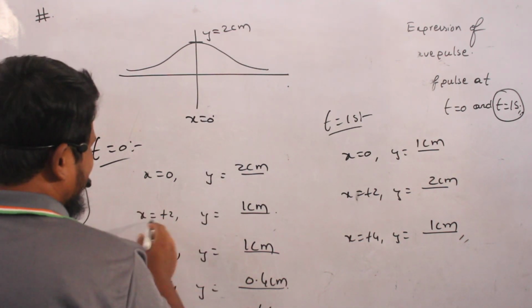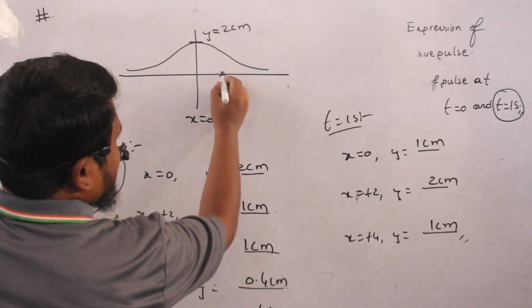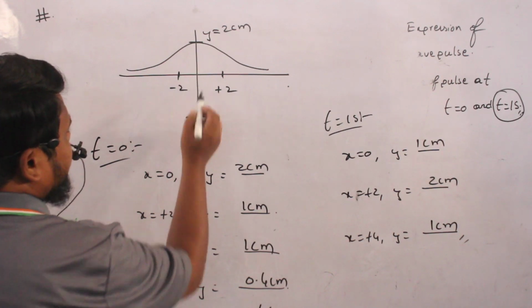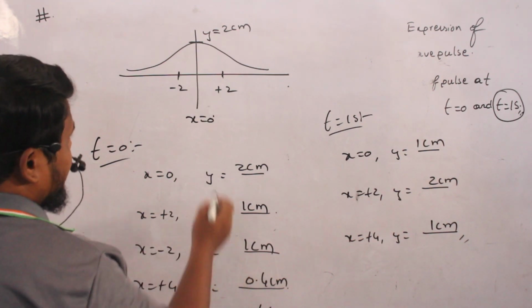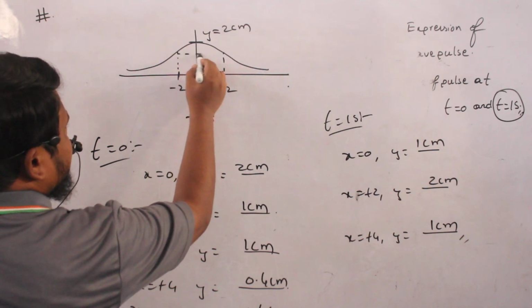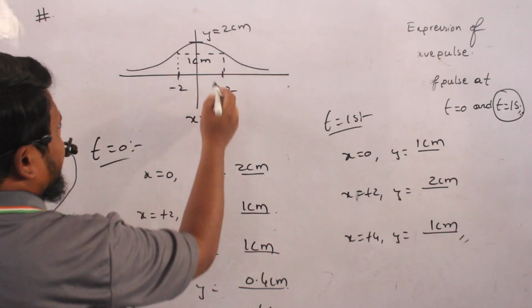Then x is equal to plus 2 and x is equal to minus 2. So here the position of the graph is approximately 1 centimeter.